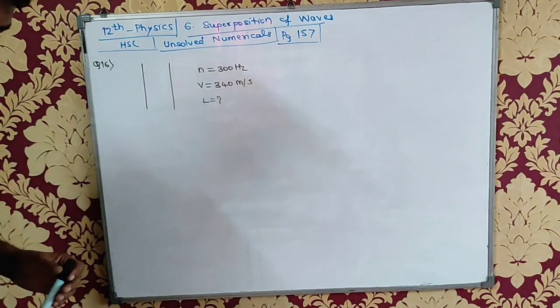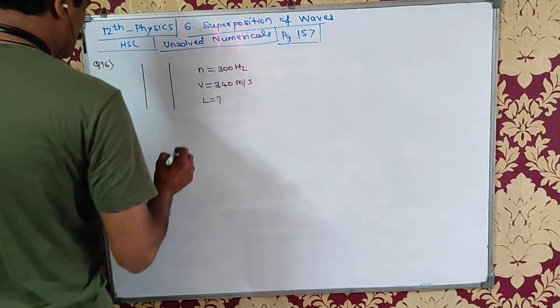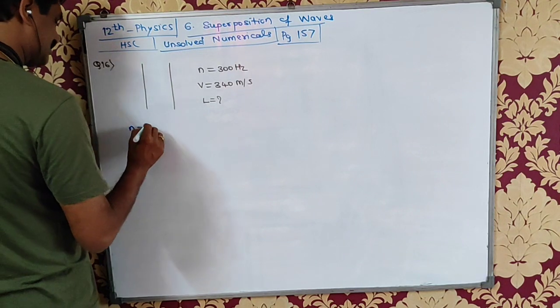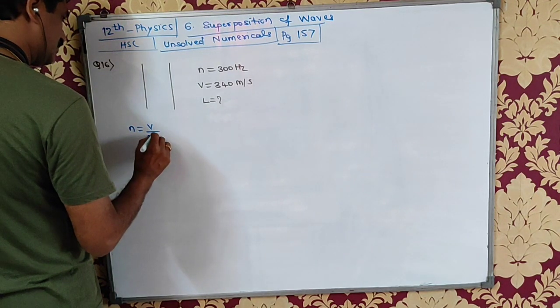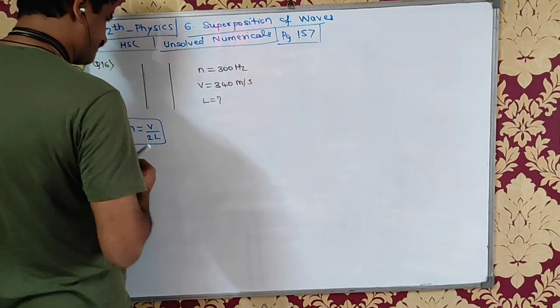Now, the formula for the fundamental frequency of an open pipe: n is equal to v upon 2L. We just have to substitute in this.